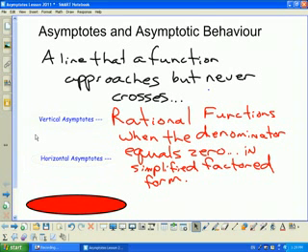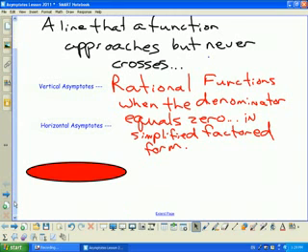Horizontal asymptotes also occur for rational functions, and they will occur when the denominator is of equal order or higher order than the numerator.